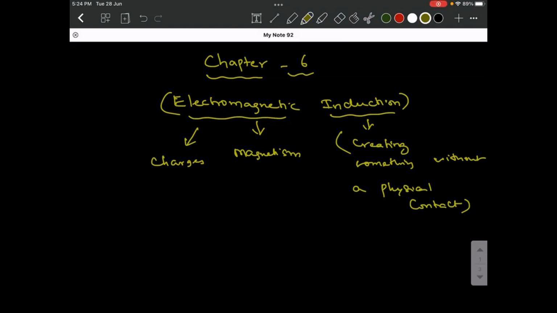So if you are able to create something without a physical contact, you call it induction. Because, if you remember, we had something called electrostatic induction also, where you take a charged object closer to a neutral object and you create charge on it. Do you remember that? That is the principle on which capacitors are actually designed.